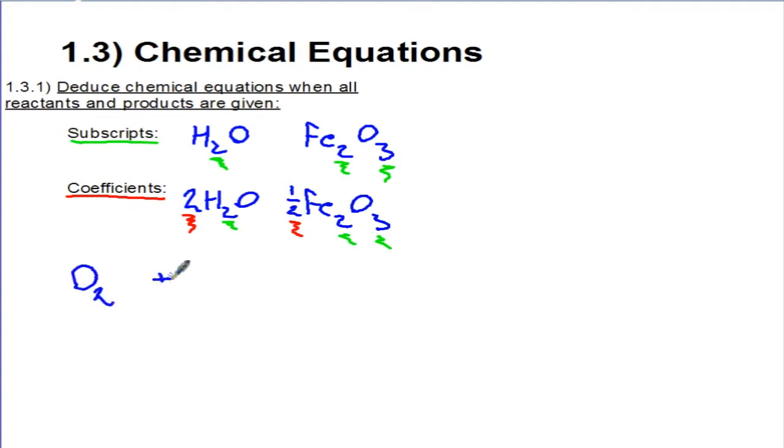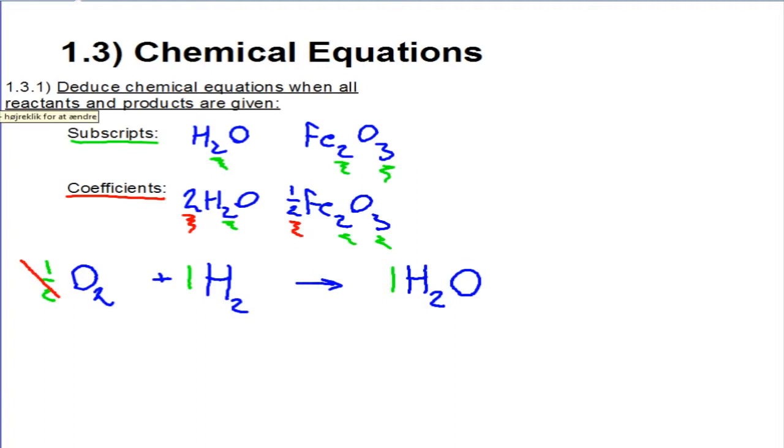Okay, so if you know that the reactants of a chemical equation are oxygen gas and hydrogen gas, and that the product is water, you draw an arrow to show that the reaction goes from left to right. To balance the equation, first look at the reactants. You know that you have 1 oxygen atom and 2 hydrogen atoms. Then add the coefficients in front of the oxygen and hydrogen to make it work.